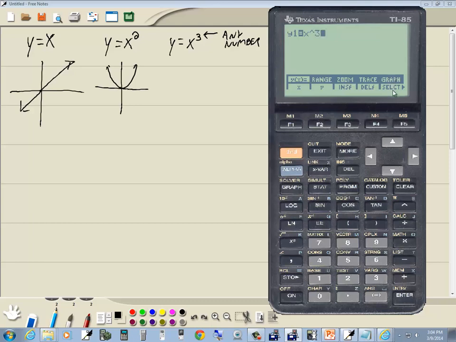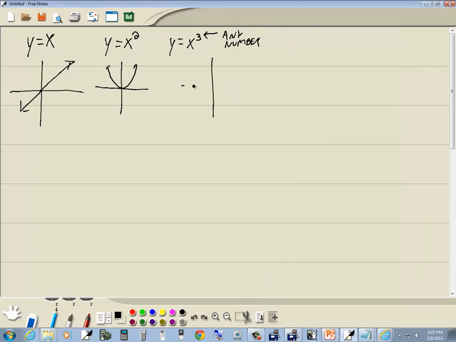Now I want to graph it, so I want to do an exit to bring that menu down, and then I want to do F5 to choose graph. And that'll be our graph. Important part here is not that you memorize the buttons. It's important that you understand how to work with those menus, because yours could be at a different place menu-wise.